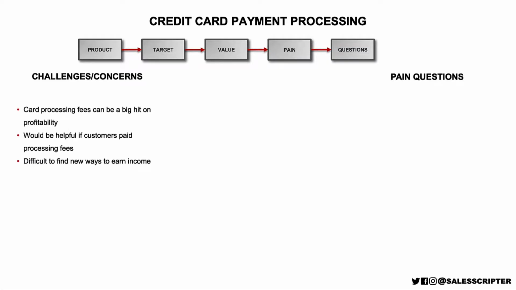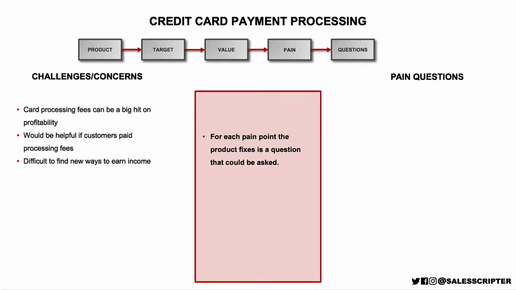And so to think of good pain questions to ask, we can bring back the pain points that we just came up with on the previous step, because for each pain point that we solve, there is a question that could be asked to see if the prospect has that pain point. So what we can do is we can go through each of these pain points and ask ourselves, what question would we ask to see if the prospect has that challenge or concern?